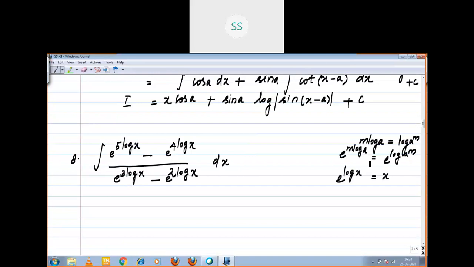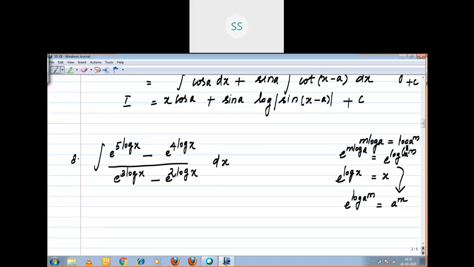E power log x can be written as x. So e power log a power m can be written as a power m. Logarithmic property we applied here.